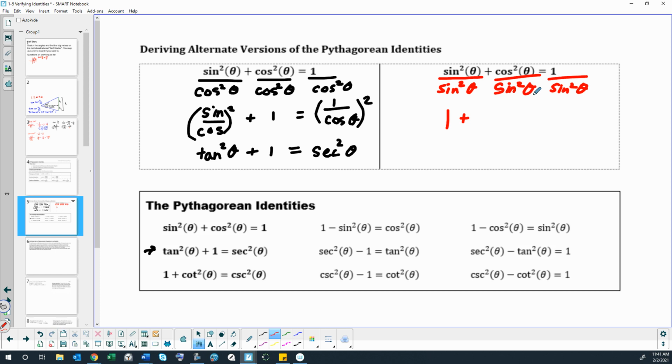Good. And then back to our quotient identities. What is cosine divided by sine? Cotangent. So if this is cosine over sine squared, this would be cotangent squared, right? And then 1 over sine is cosecant, so that could be rewritten as 1 over sine, the whole thing squared, which is the equivalent of cosecant squared.